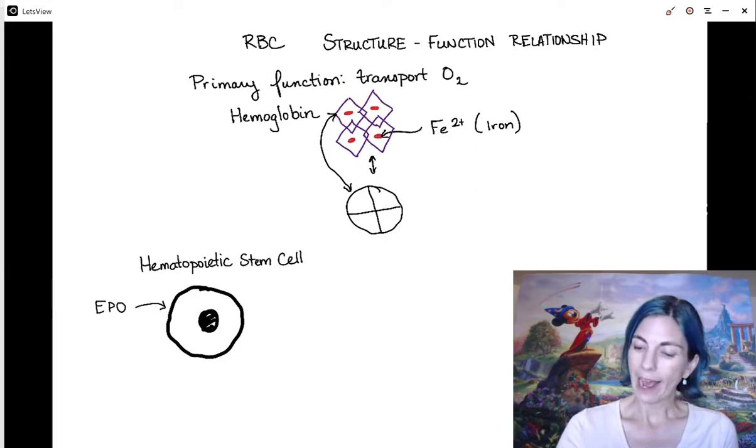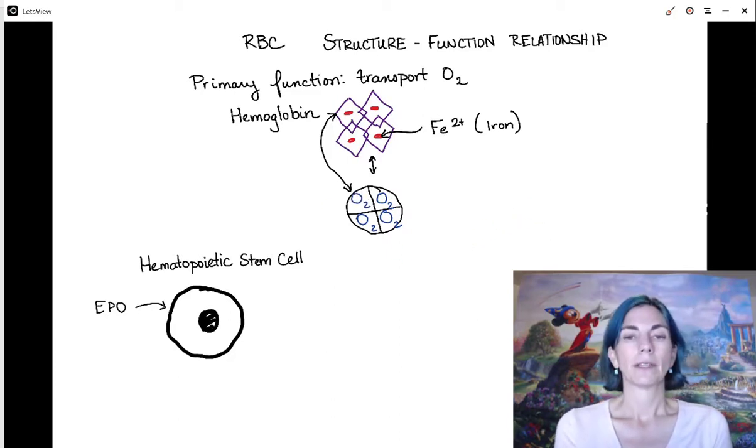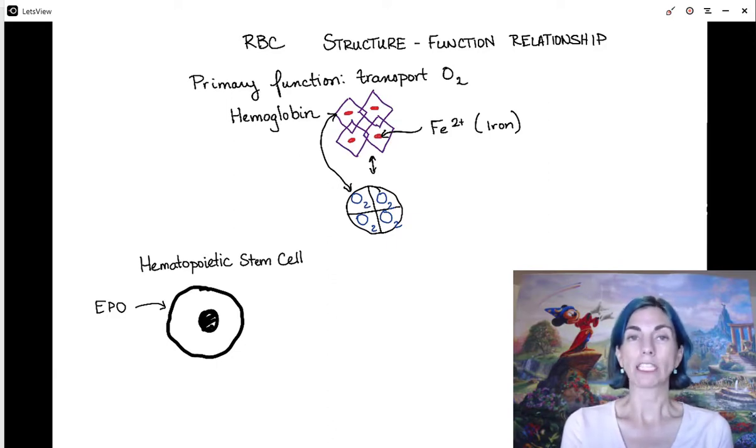So if I go ahead and draw 4 oxygen molecules, then I could load them up like so. So one hemoglobin molecule can transport 4 oxygen molecules.